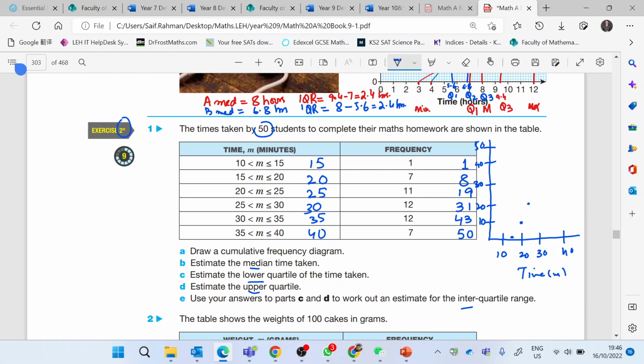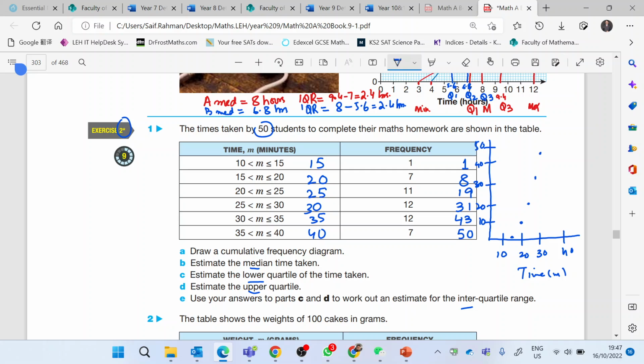And when the time was 30, it was 31, somewhere here. When the time is 35, it is at 43, and when the time is 40, it goes to 50.